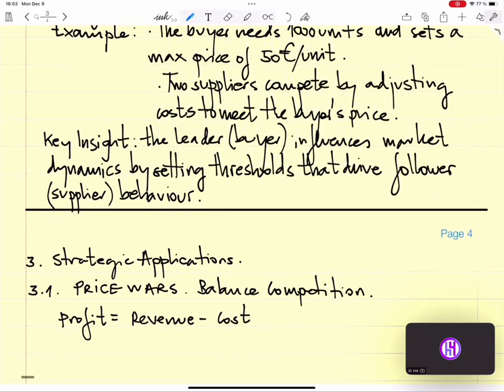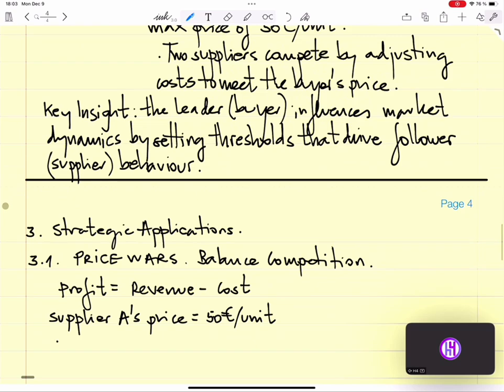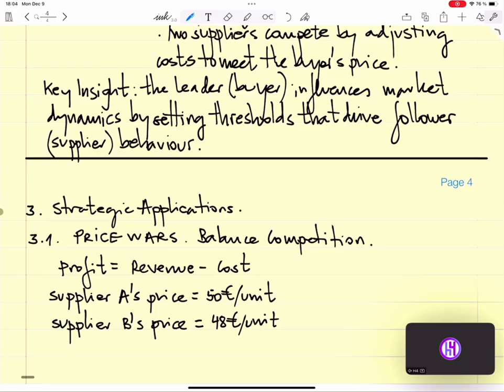If supplier A's price equals, let's say, 50 euro per unit, and supplier B's price is 48 euro per unit, just imagine this, and this is in time 1.